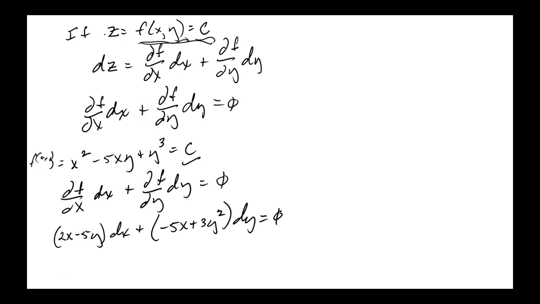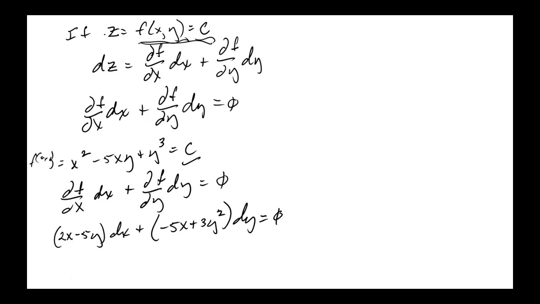Now, there's a first order differential equation. A lot more complicated than the one we did on the previous page, but there's a first order differential equation. Now, how is that a differential equation? Well, you could move this to the other side here and write that as 5x minus 3y squared dy is equal to this dx.